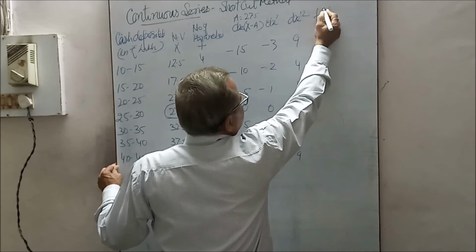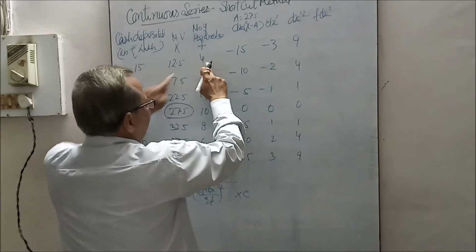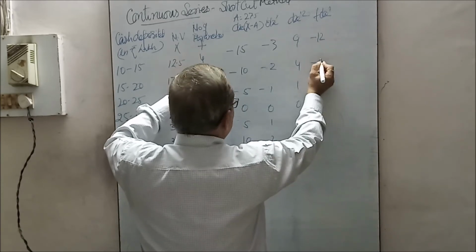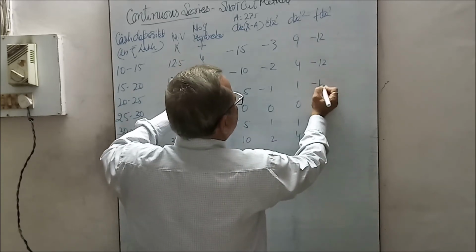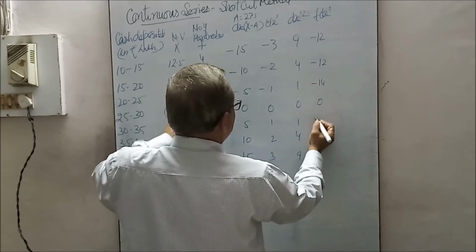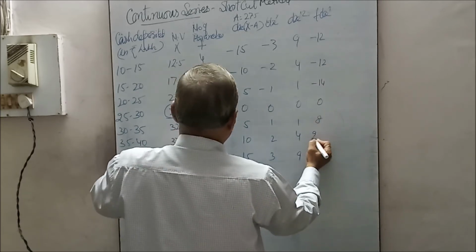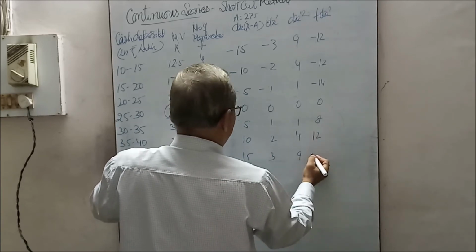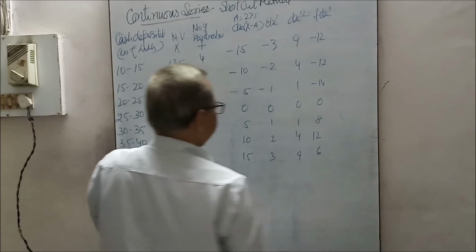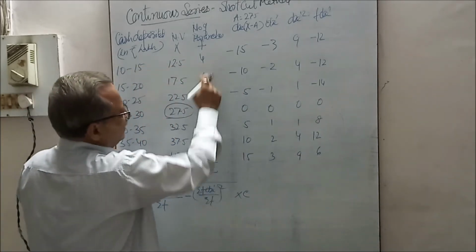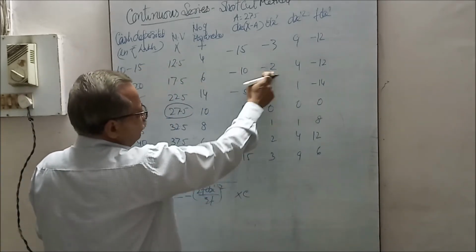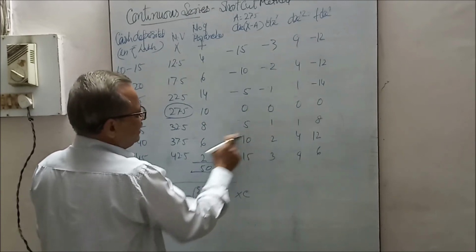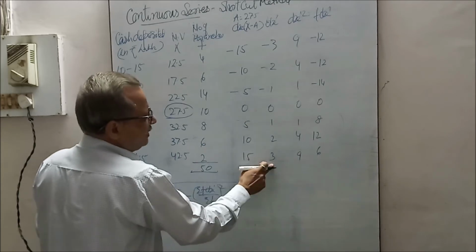Now f into dx dash: minus 12, minus 12, minus 14, 0, 8, 12 and 6. Frequency and dx dash: 4 3s are 12, 6 2s are 12, 14 1s are 14, 10 0s are 0, 8 1s are 8, 6 2s are 12 and 2 3s are 6.